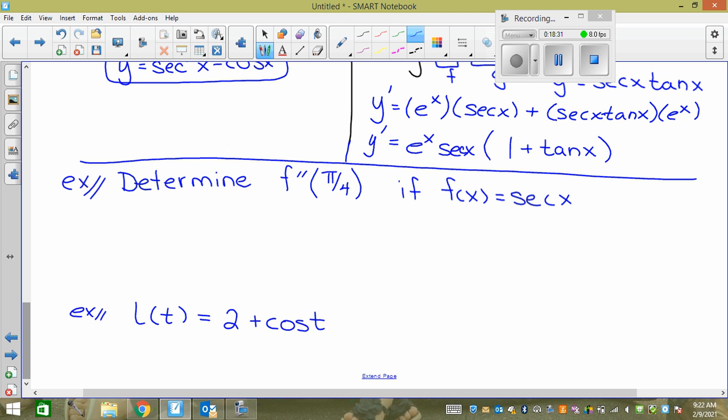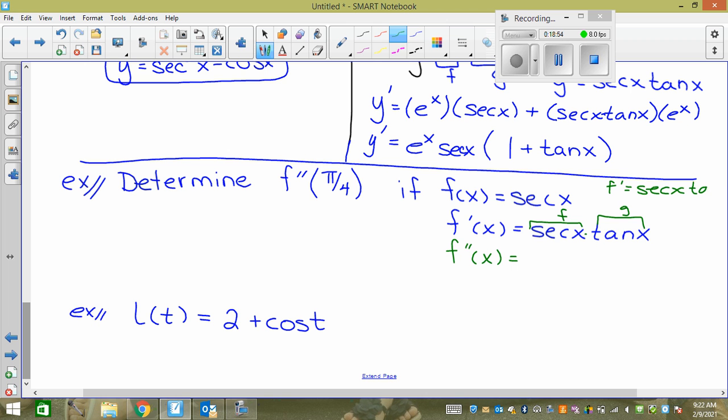So this previous one, f prime of x would equal secant x tan x, which is a product rule. So f double prime of x: f prime is secant x tan x, g prime is secant squared x.